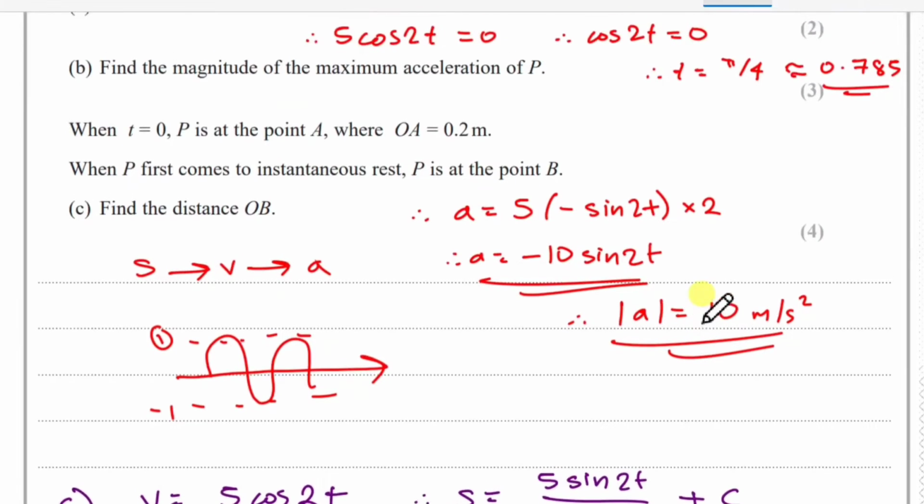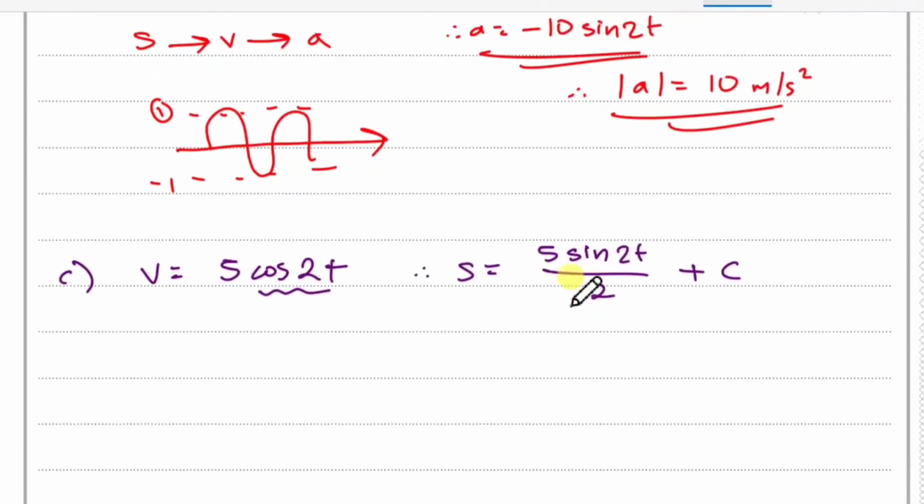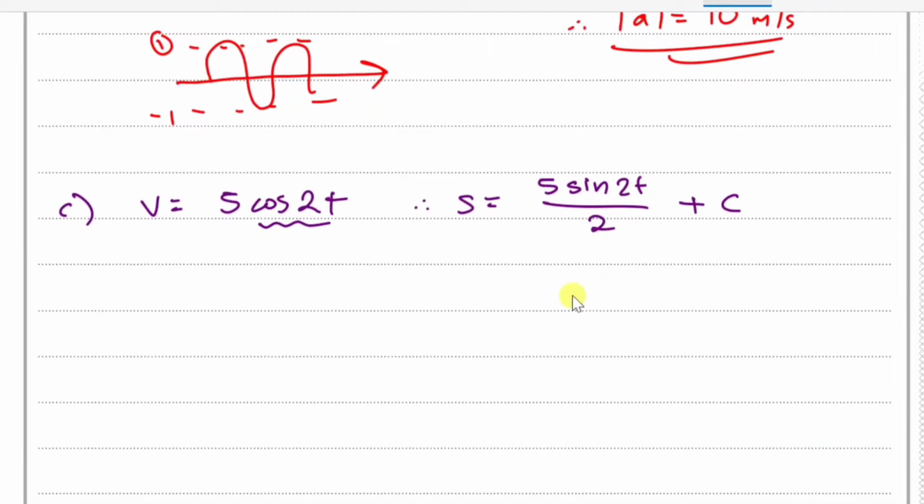Now going back here, what's it telling us? It's saying that when t is 0, the distance is 0.2 meters. So let's go ahead and plug that in. These are your initial conditions. So when t is 0, the expression s, our distance, is 0.2. Therefore, let's put this in. You're going to have 5 sine 0 over 2 plus c must equal 0.2. Remember, just use your calculator for everything.